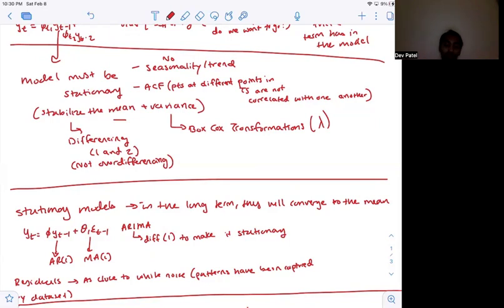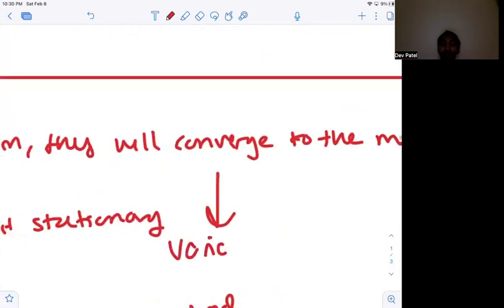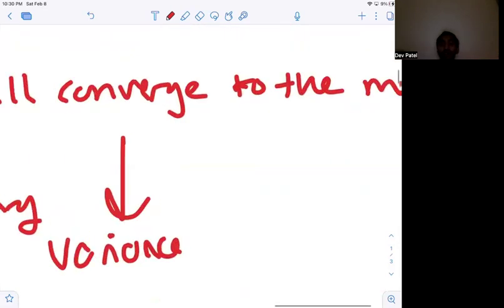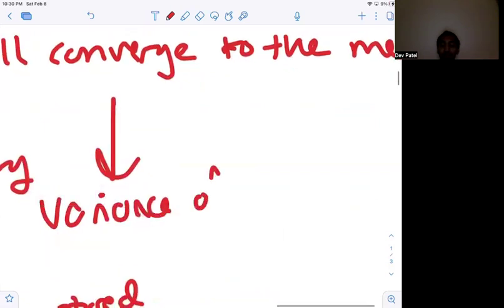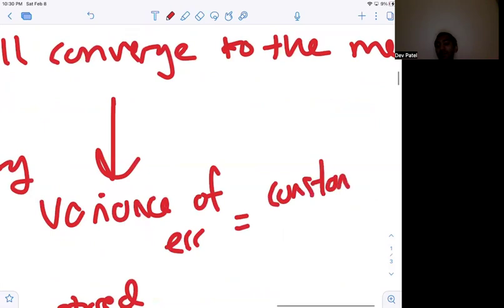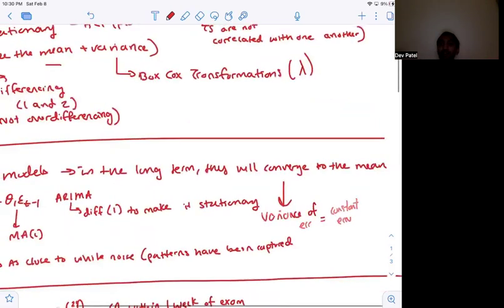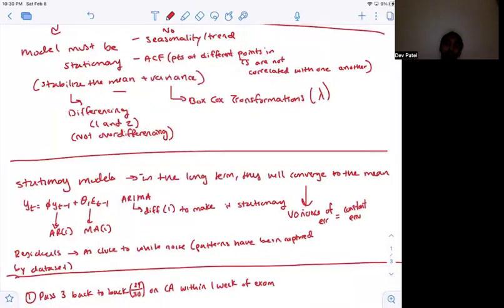So this is one of the properties of ARMA models, that it will always converge to the mean. And in fact, the variance of the error will approach some fixed or constant value, which means that in the long term, how much our predictions vary will approach some fixed amount. And so that's one of the properties.